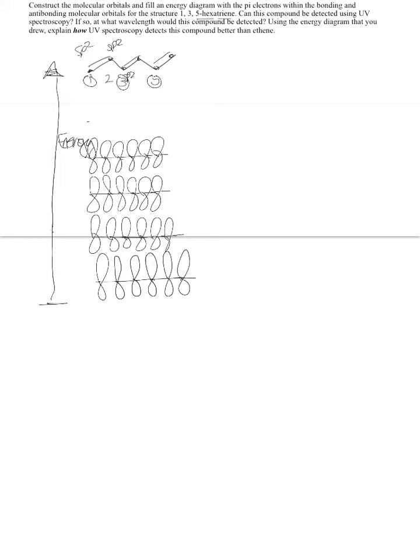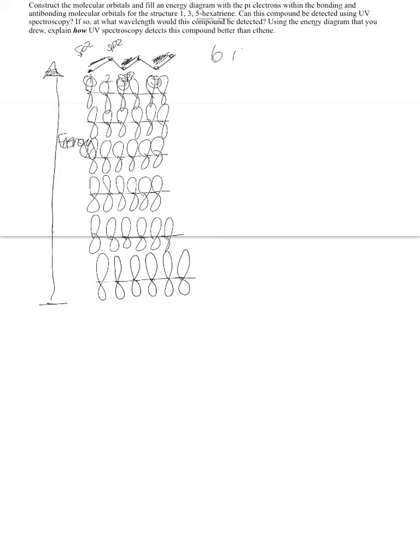So we have 4, we've got 2 more. Okay, so we have 6 of these. You have 6 carbons, 6 sp2 systems that are in a plane, with an overlapping of p orbitals. So you want to count your number of pi electrons. 1, 2, 3, 4, 5, 6.